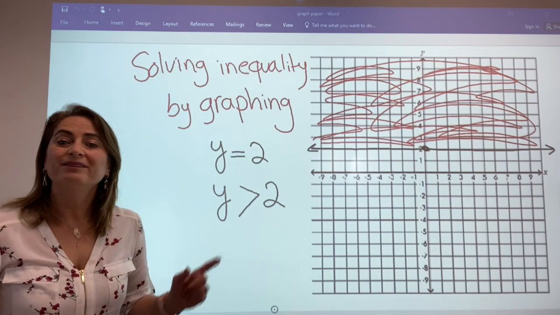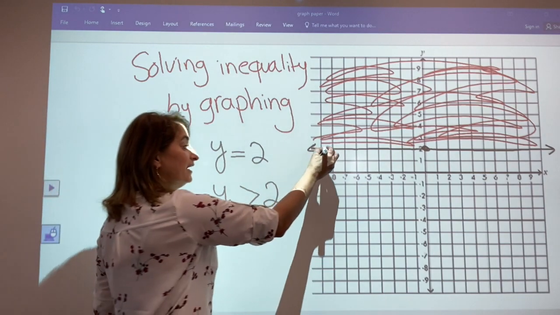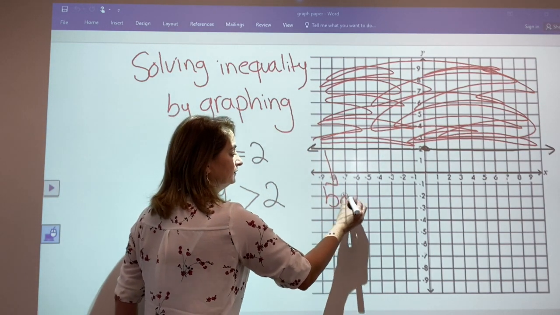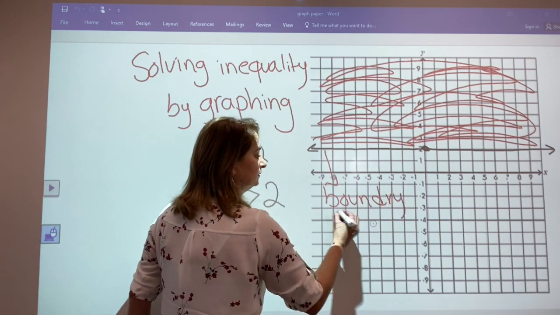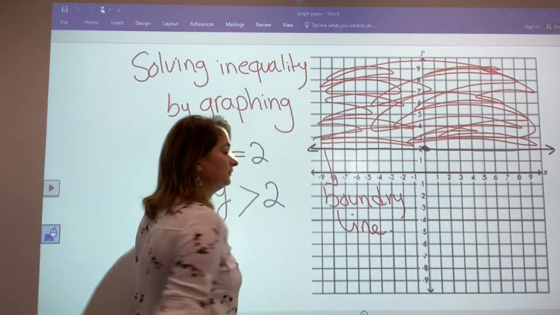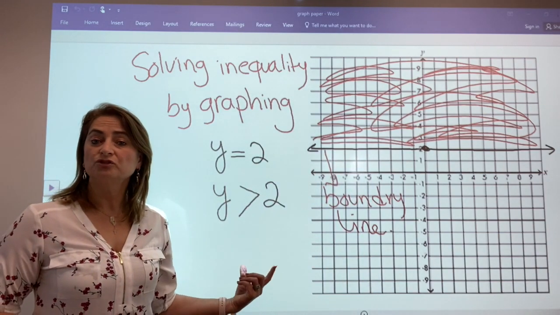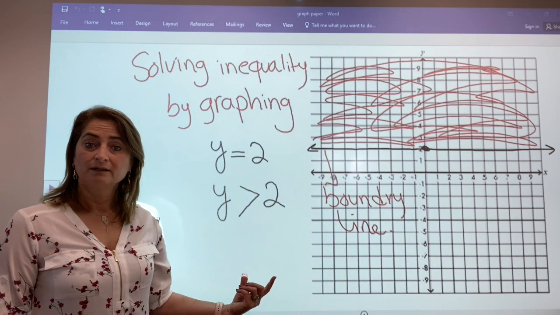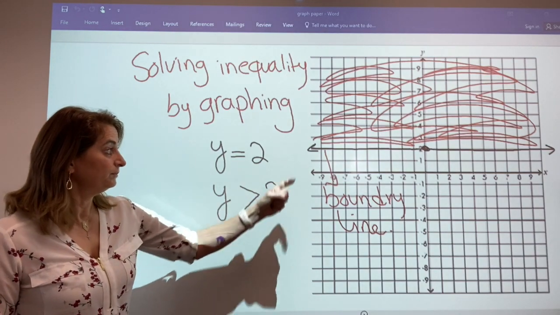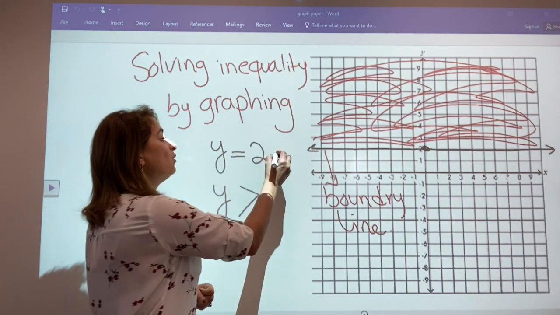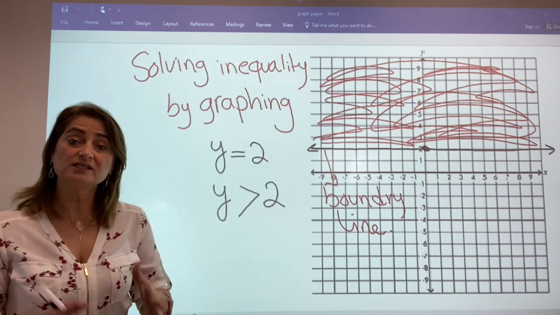Now let's talk about the line itself. This line is called the boundary line. Is this boundary line included in the solution of this inequality? Y more than 2, but this is a line for y equals 2. So how do I make it just more than 2?